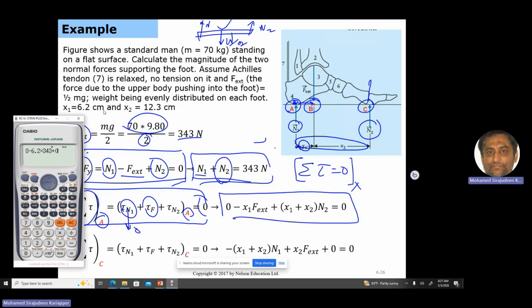This is x1 plus x2. Please somebody keep an eye on what I am doing in case I put the wrong value. 6.2 plus 12.3. Close the bracket. N2, what do you do now? N2 we don't know, so we call it x, right? Multiplication sign. How do you get the x? Alpha, right parenthesis, that is x.